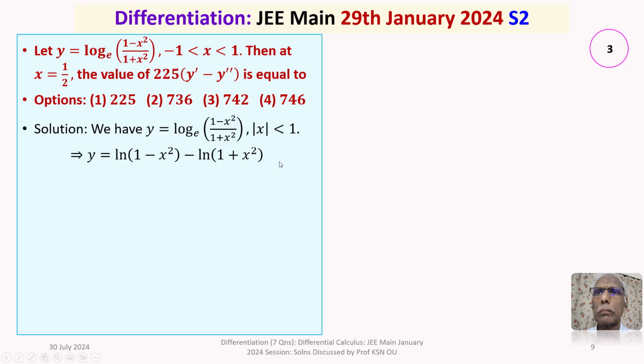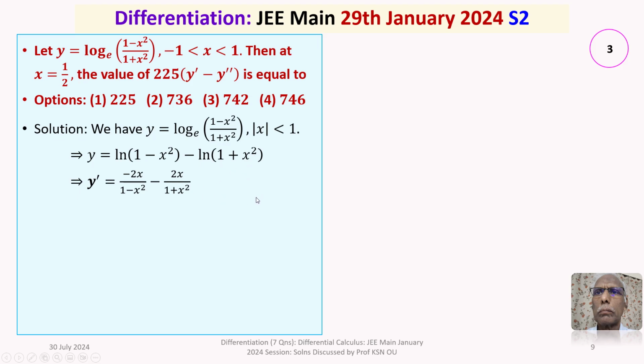Now, differentiate. So, y prime is equal to the derivative of log of 1 minus x square, which is 1 by 1 minus x square, and the derivative of 1 minus x square is minus 2x. Minus, it is the logarithm of 1 plus x square, derivative is 2x by 1 plus x square.